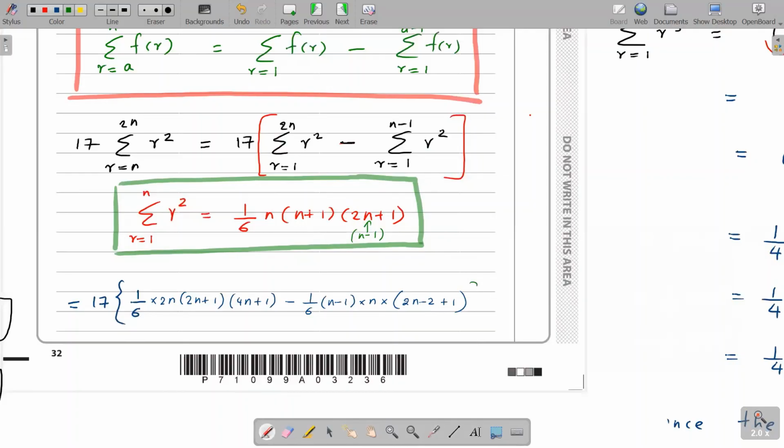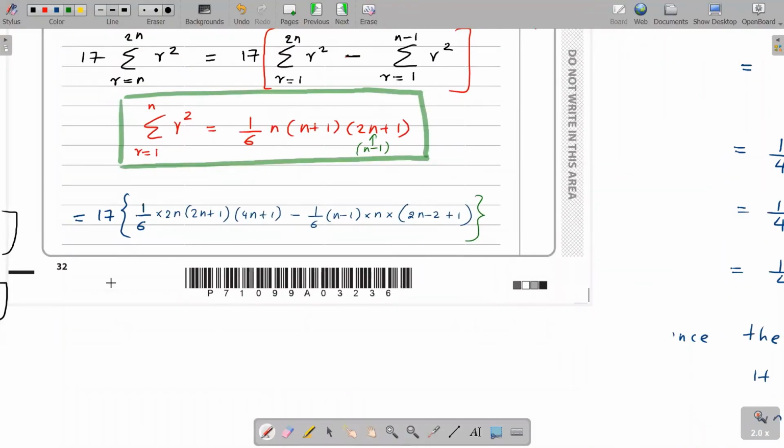Okay, so let's simplify this bracket now. This gives me 17 times, okay, wait, before taking the common thing out, I'm not going to cancel the 1 over 6 and 2n at this point. n minus 1 into n into 2n minus 2 plus 1 is 2n minus 1, right?